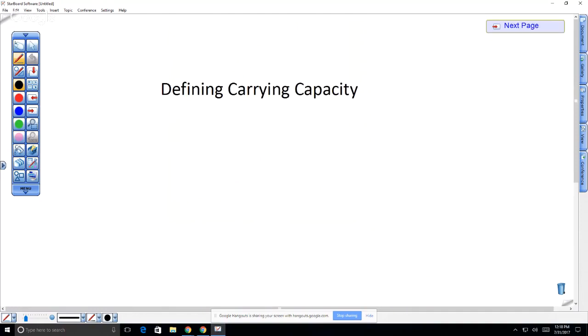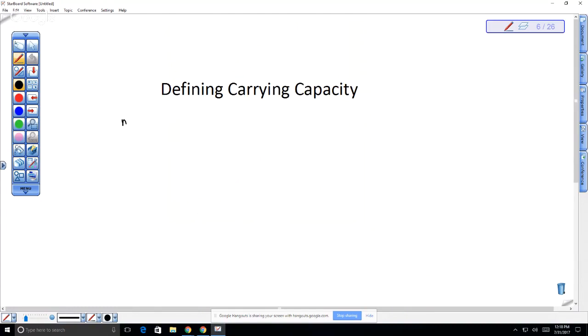Okay, so when we look at the carrying capacity, we need to talk about resources. The resources that our population needs are sometimes referred to as environmental goods and services.